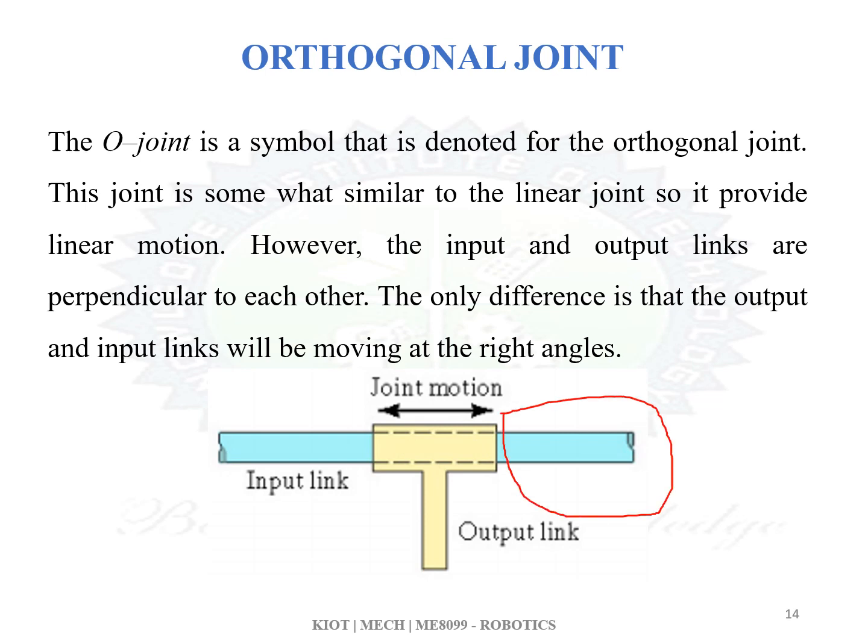This entire region is called your input link, and the output link brings about an orthogonal motion of the link. That is why it is called an orthogonal joint, and it is represented by the symbol capital O. The only difference is that the output and input links will be moving at right angles. You have to keenly observe this.